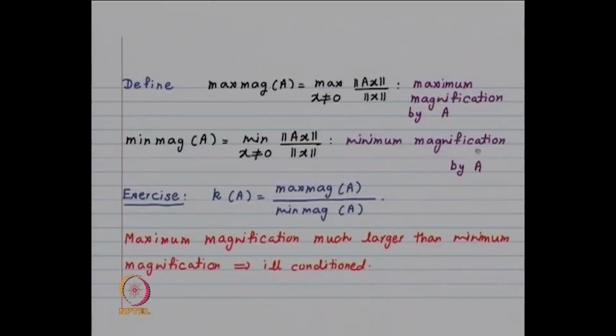We are going to show in the tutorial that the condition number of A is equal to the maximum magnification of A divided by the minimum magnification of A. Now, what happens if the minimum magnification of A is equal to 0? Because when I consider the maximum magnification of A, that means it is the norm of A.